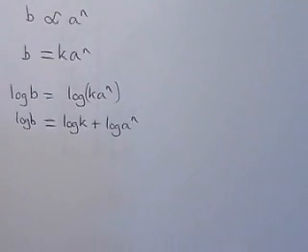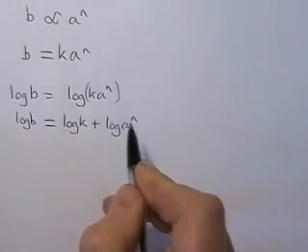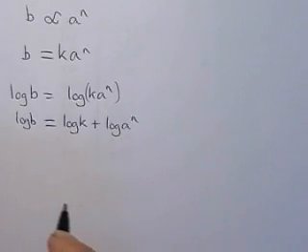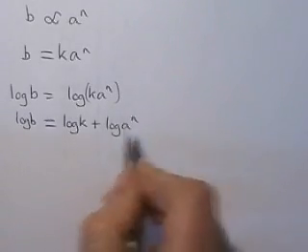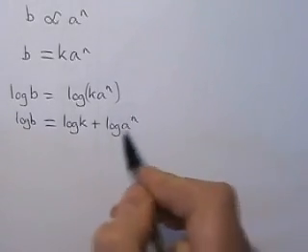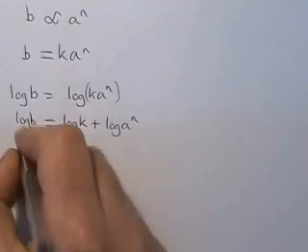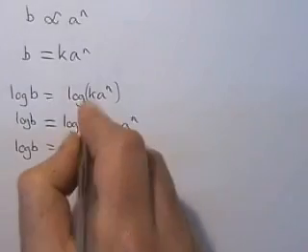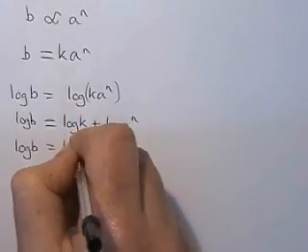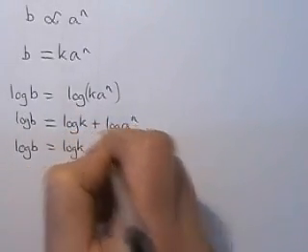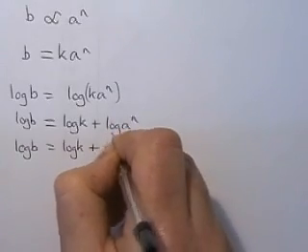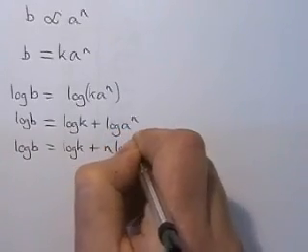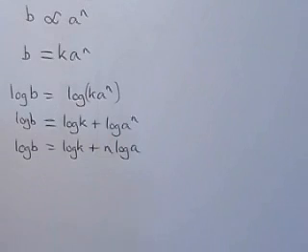And then the second law that we had, when you've got something raised to a power: to find the log of something raised to a power, you take the log of the something, you times it by the power. So that would be log b is equal to log of k plus n times the log of a.